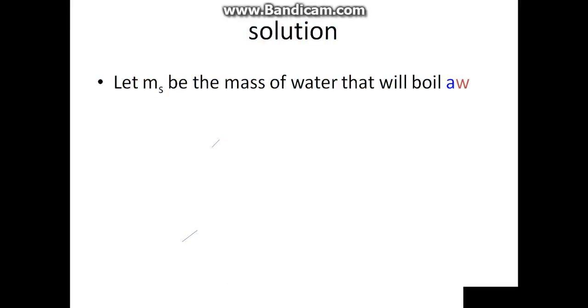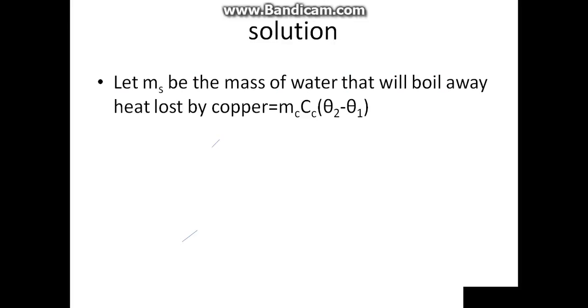Solution. Let Ms be the mass of water that will boil away. Heat lost by copper is equal to mc(theta 2 minus theta 1), which is 300 over 1000 times 400 times (950 minus 100), which gives us 102,000 joules.